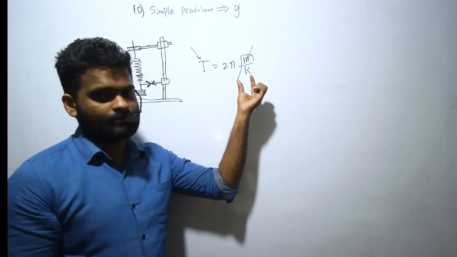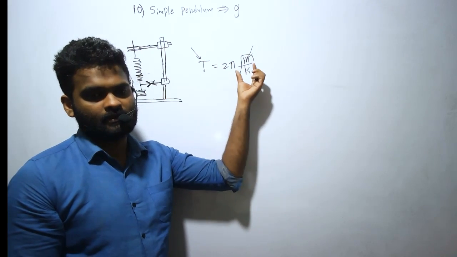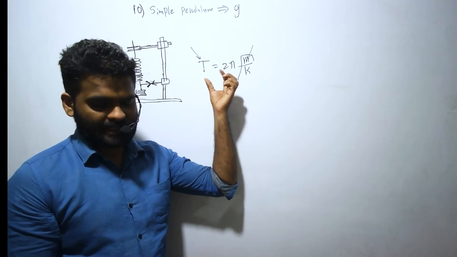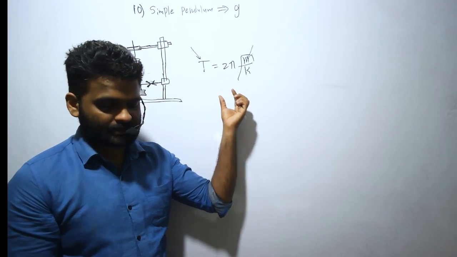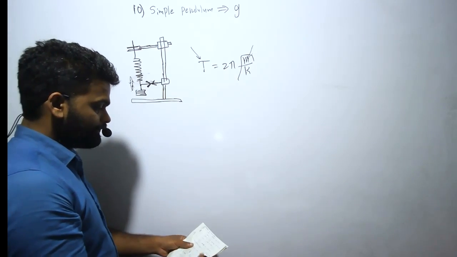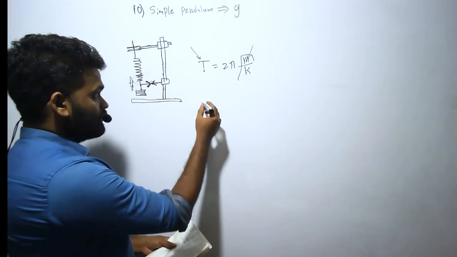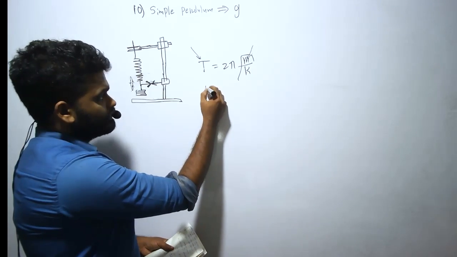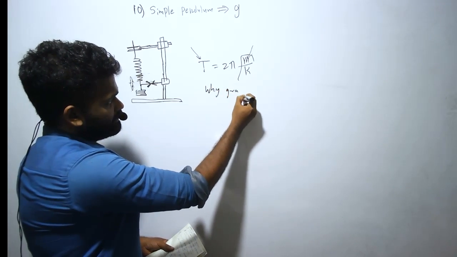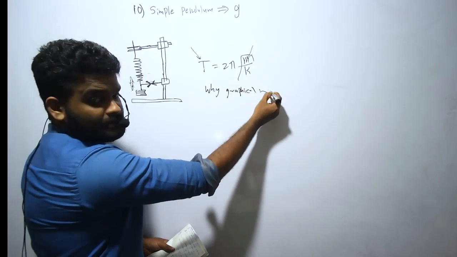Here we are not going to find k or anything. We have to verify this. That's the reason for using a graphical method. Why graphical method?